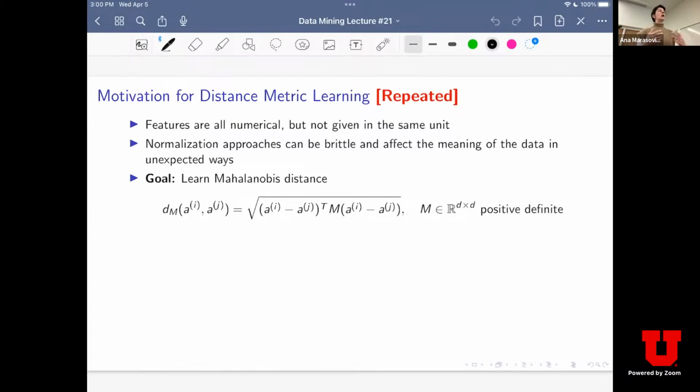We were talking about how most of the algorithms we have seen assume that all our features come in the same units. For example, you have temperatures measured in Celsius degrees. When we have features that have different numerical scales, then things can get very funky. Some of our algorithms simply won't work because they assume Euclidean distance.